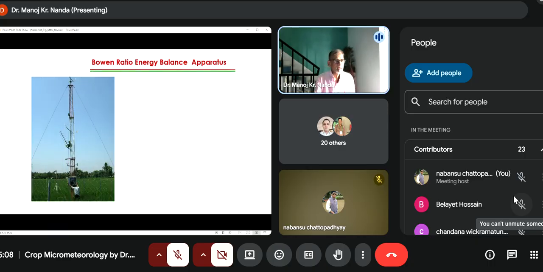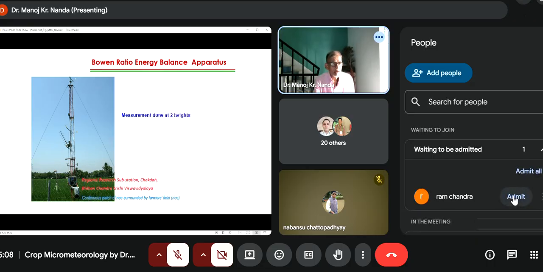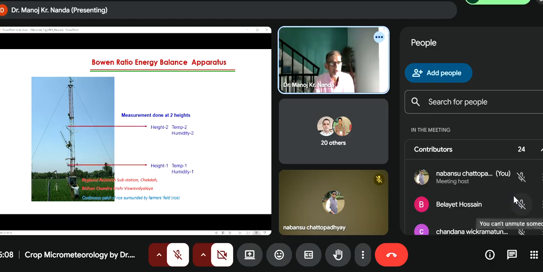Now, this is an example of a Bowen ratio energy balance apparatus that we used a few years back at BCKV. These are the heights of measurement, two heights. We have a high-end data logger, and we get the data at every half-hour interval, and it is sent to the server.